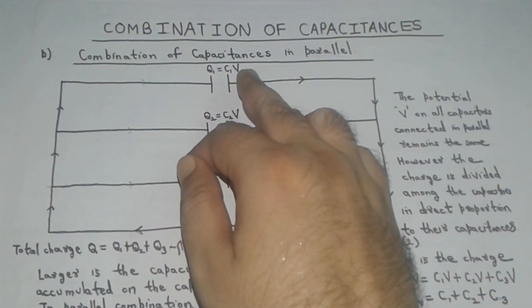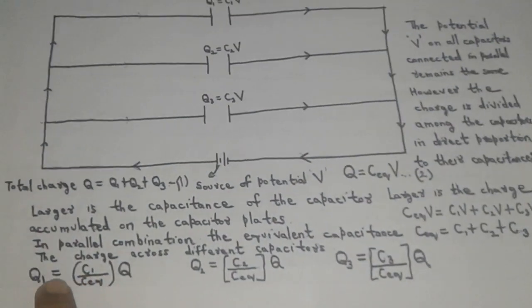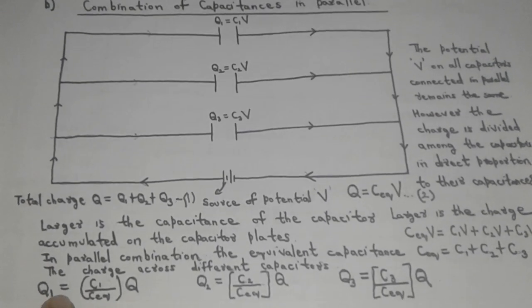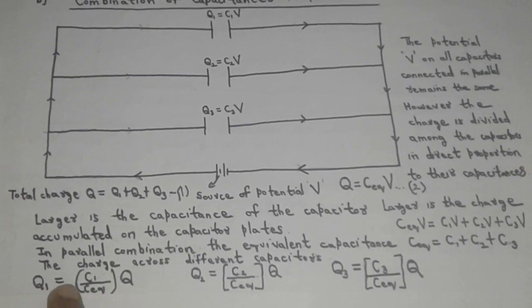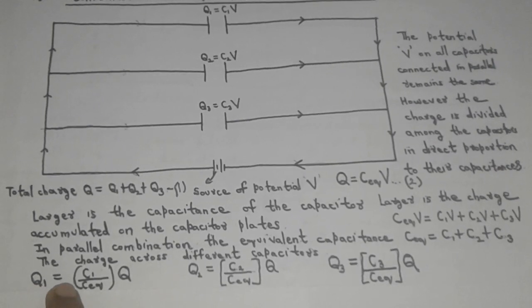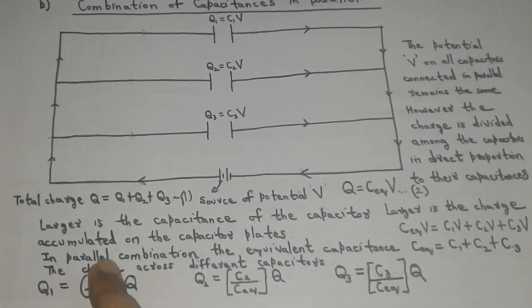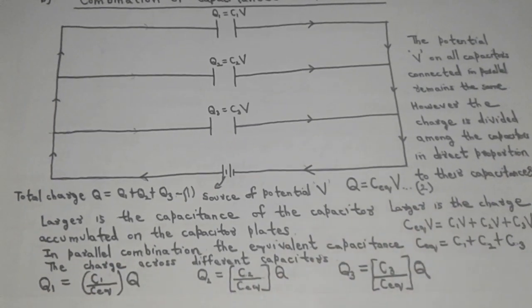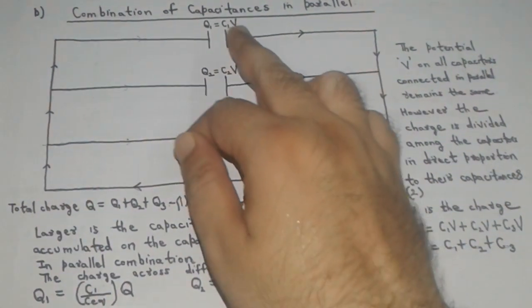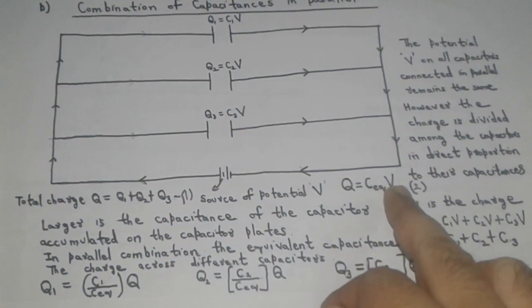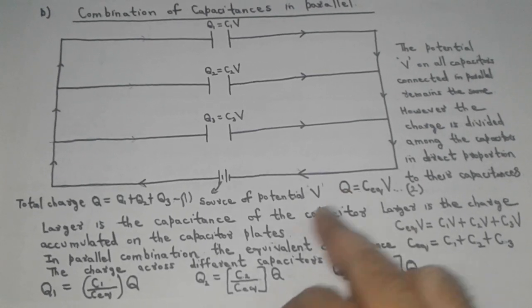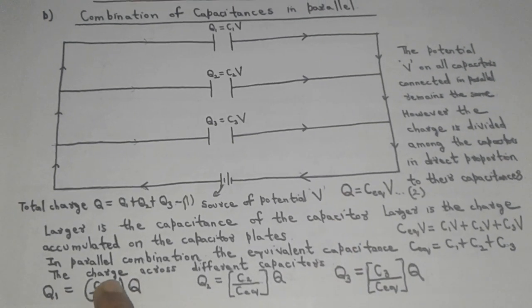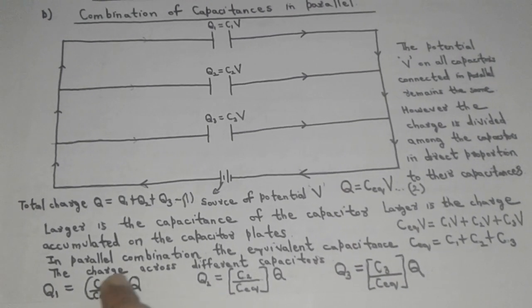So substituting the value of V, we get the charge Q1 on capacitor with capacitance C1 as Q1 is equal to V into C1. So from equation 2, V is Q upon C equivalent. So it becomes Q upon C equivalent into C1.